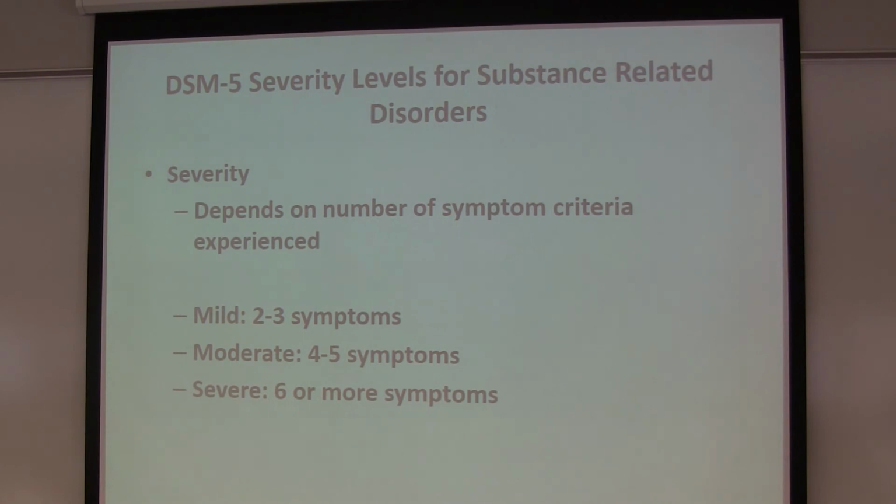So mild would be experiencing 2 to 3 symptoms, moderate would be 4 to 5 symptoms, severe would be 6 or more. And so severe would be a person has become dependent on the substance. Their body, brain cannot function without it, and it could be life-threatening if they tried to just stop using on their own, and so on and so forth.